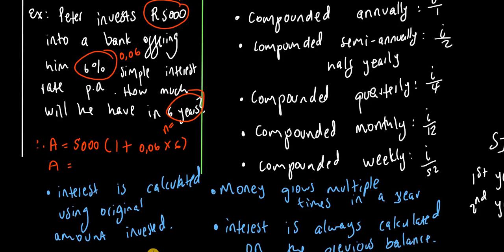While for compound, if maybe in the 10th year you have accumulated 30,000, they're gonna give you interest using that balance. So they will say interest times that balance you have. Therefore, your interest keeps on increasing. That's the beauty about compound.